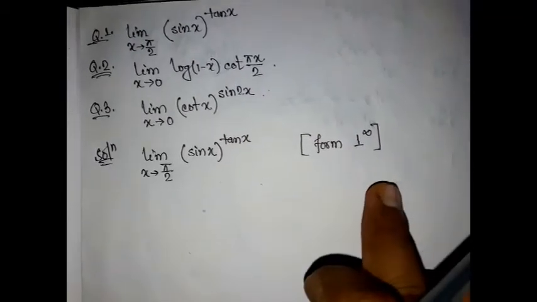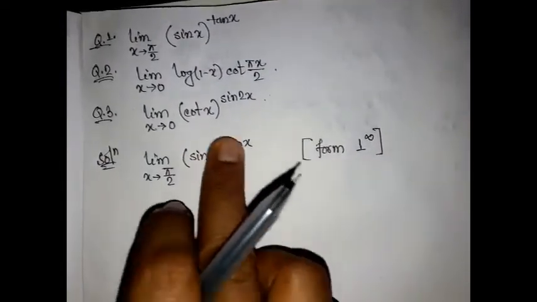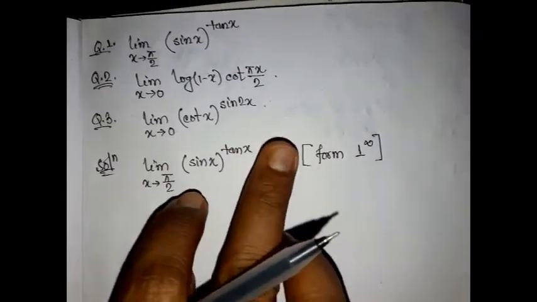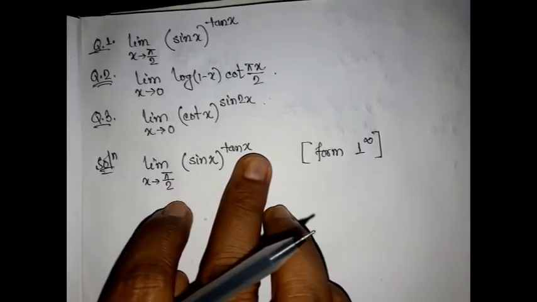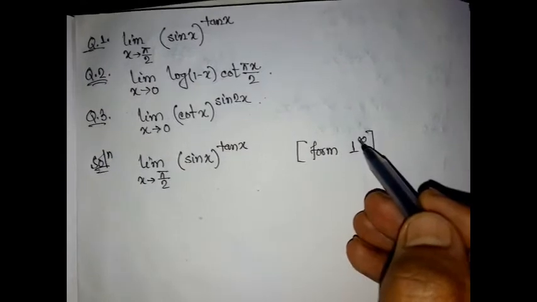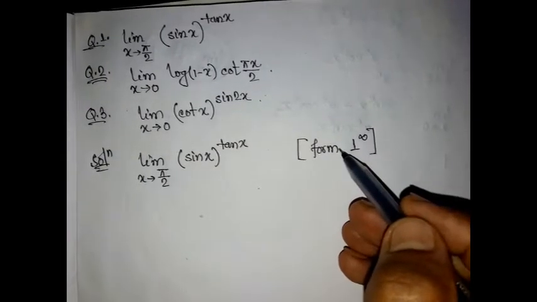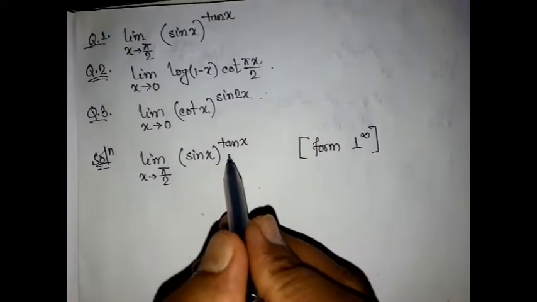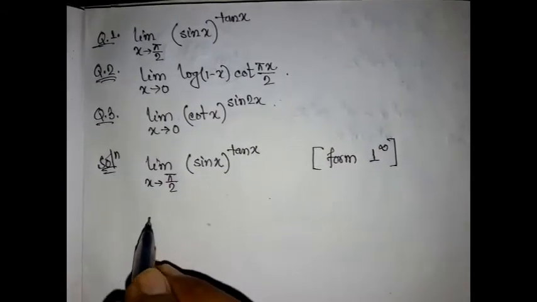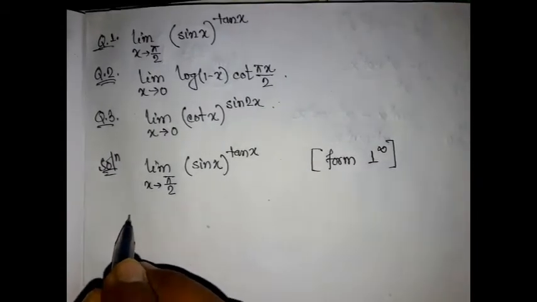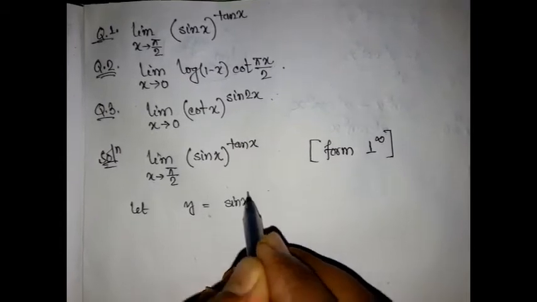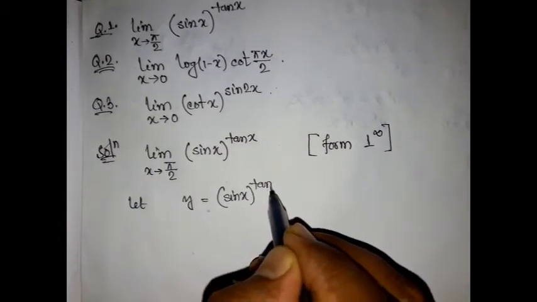Since this form is 1 to the power infinity, now we have to convert this form into a standard form, 0 by 0 or infinity by infinity. So how to convert it? To convert it, we need this power infinity in front, so we need the help of logarithm. Let y equals to sin x to the power tan x.